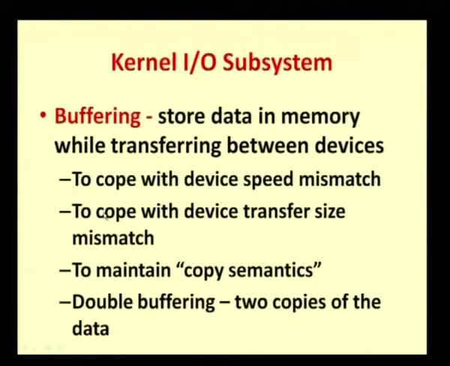It will not be buffering. The video will hang, and after a few seconds it will start playing again, and after a few more seconds it will hang again. So this is what buffering is. If the buffering is proper, it is used for faster access, and the video will be played properly. So that is one other kernel I/O subsystem.